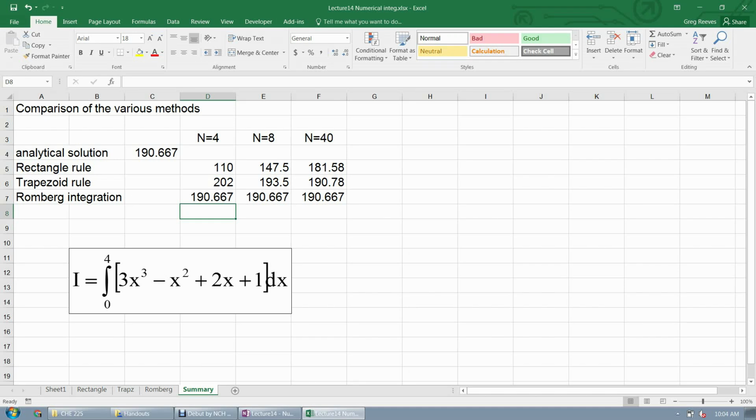But suffice it to say, for this class, a lot of times we will do equally spaced points. So that's not something you'll have to worry about, at least for this class. But it might be something you want to keep in the back of your head in case you are faced one day with a situation where you have to approximate the integral without equally spaced points.